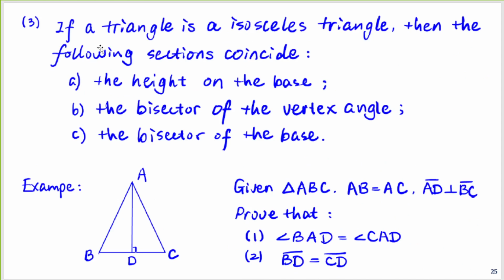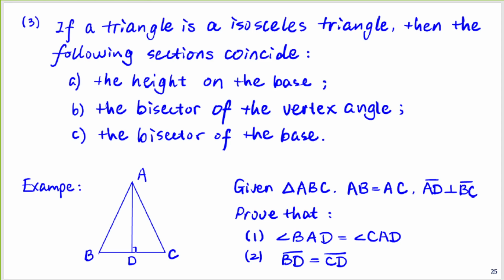Okay, the third property states that if a triangle is an isosceles triangle, then the following sections coincide. First, the height on the base. Second, the bisector of the vertex angle, and third, the bisector of the base. Again, can you prove this property?